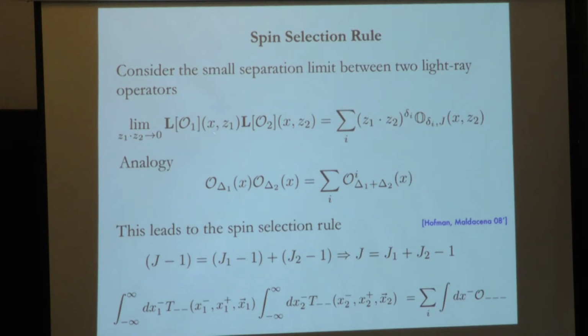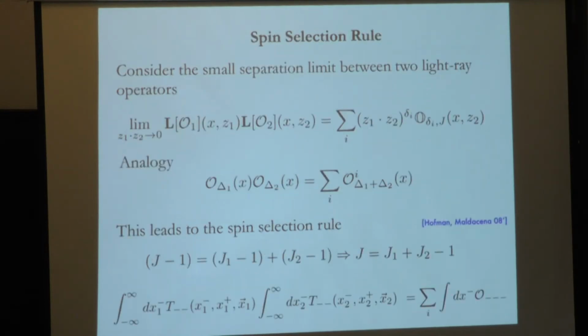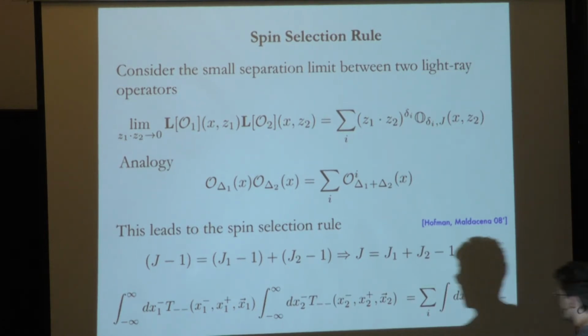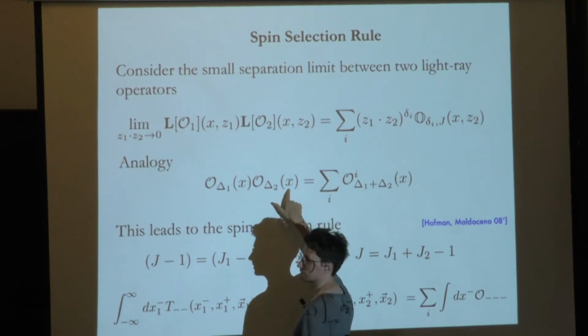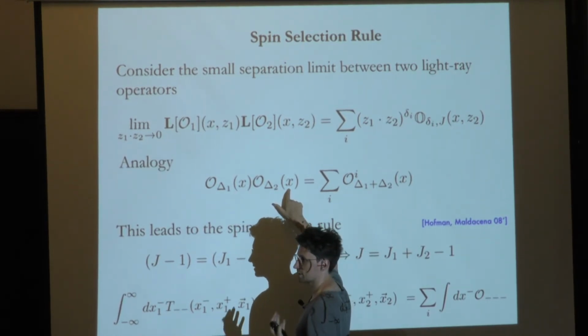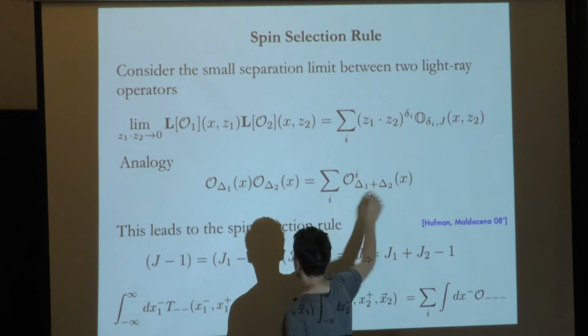And let me describe why it is that we have here spin 2 operators and here only spin 3. This is known as the spin selection rule, and this is related to this coincident limit. Imagine we have two operators in a QFT, and we try to put them at the same point. Usually we don't put operators at the same point because it's an ill-defined procedure, and then we can write the difference to some power and operators of any dimensions.